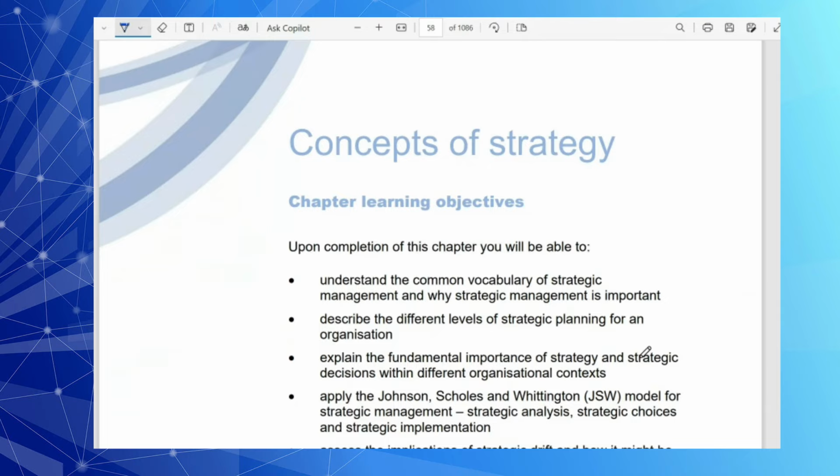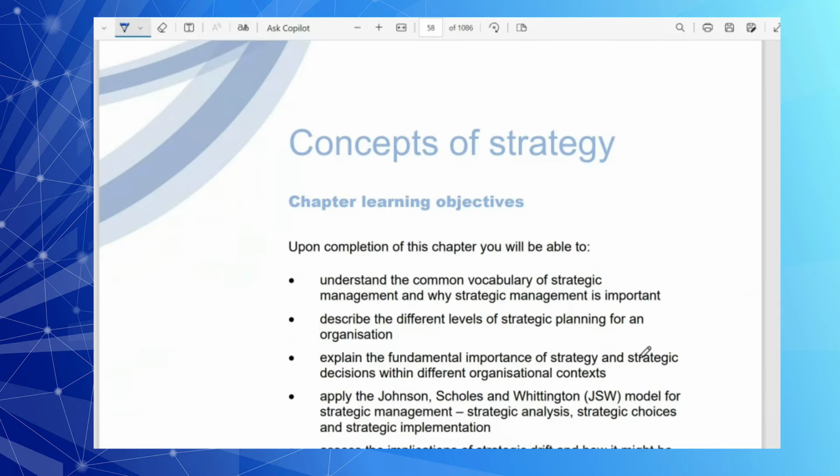What are your plans? What are the objectives of the organization which you are planning to achieve in 5 years' time? This is a strategy. So that is the company strategy. Then you follow it to make implementation.